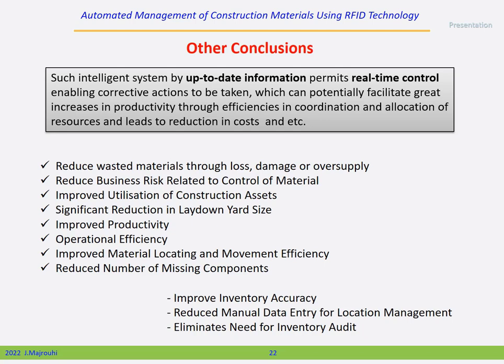It could reduce wasted materials through loss, damage, or oversupply, reduce business risk related to control of material, improve utilization of construction assets, significantly reduce laydown yard size, improve productivity, operational efficiency, improve material locating and movement efficiency, and reduce the number of missing components.